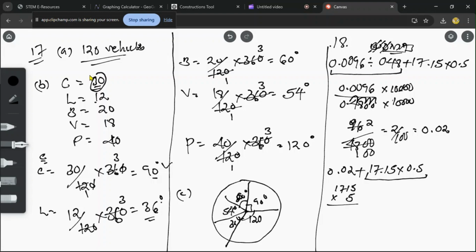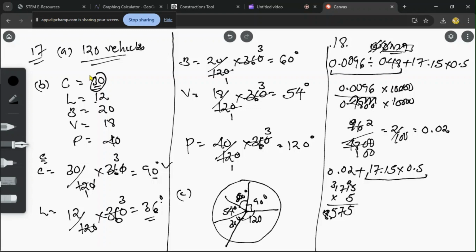So 5 times 5 is 25, carry 2. 5 times 1 is 5, plus 2 gives you 7. 5 times 7 is 35, carry 3. Then 5 times 1 is 5 plus 3, you're having 8. Then we had how many decimal places? 1, 2, 3. So the decimal will be 1, 2, 3. So you have your answer there.